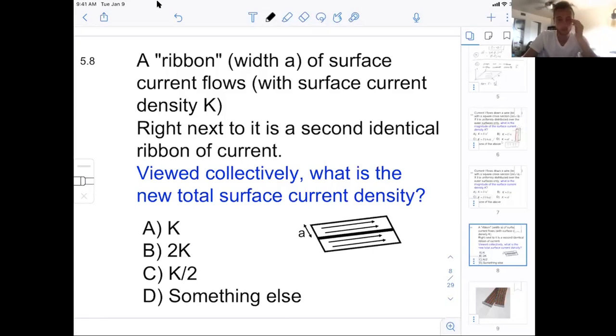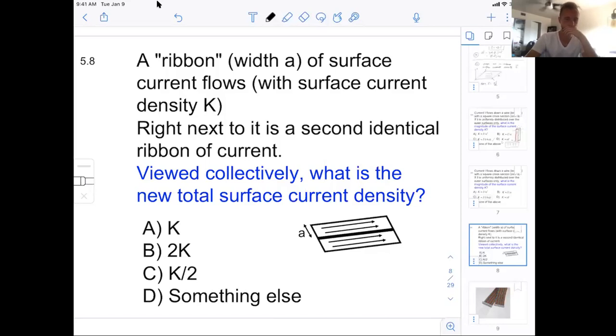So be a little bit careful of what it's asking, the density. Imagine you're planting trees, right? You have 2 streets. You have a way of how dense you want to plant your trees in one of the streets, and you do the same thing for another street. If they ask you what is the density of the 2 streets, what would you answer?